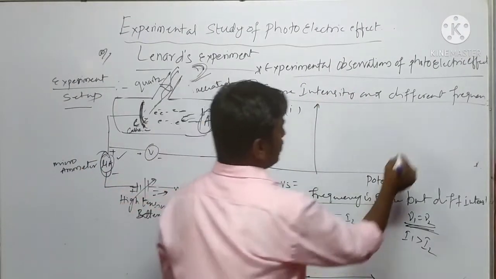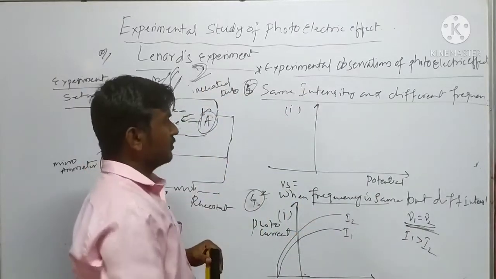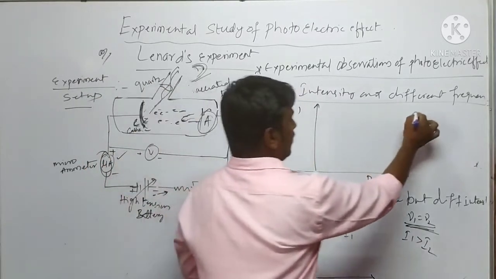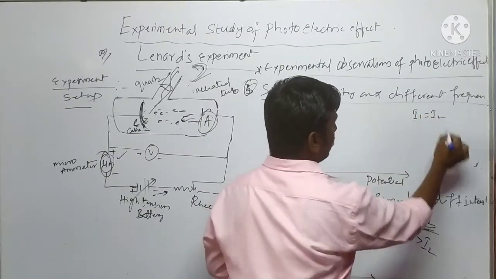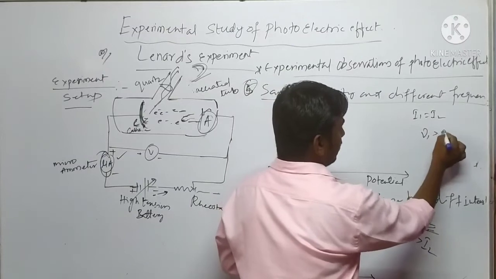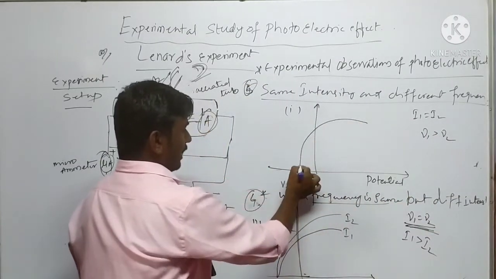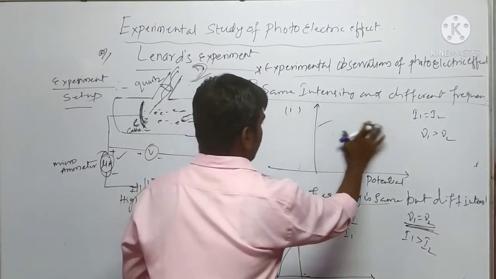Same intensity means if you consider some more intensities for two different purposes, I1 equals I2, but different frequency. So frequency 1 is greater than frequency 2. Therefore the observations will be like this.